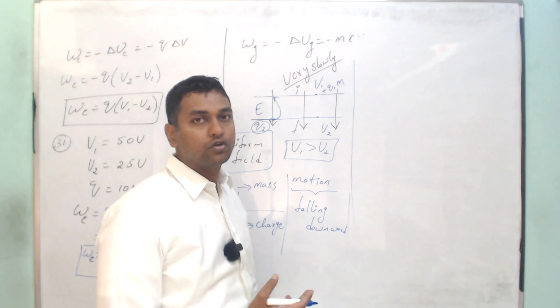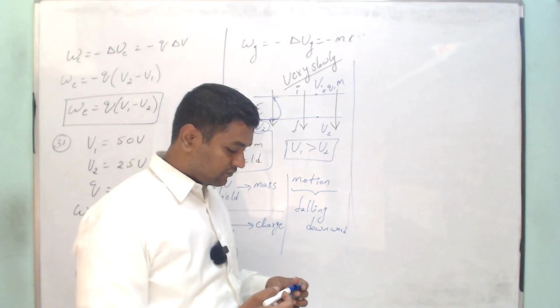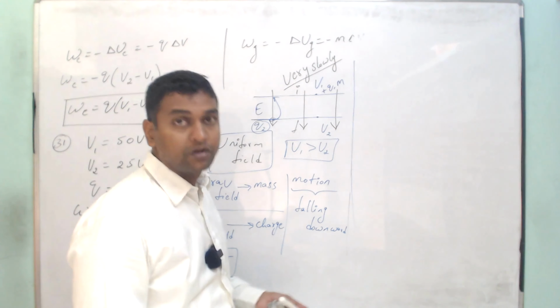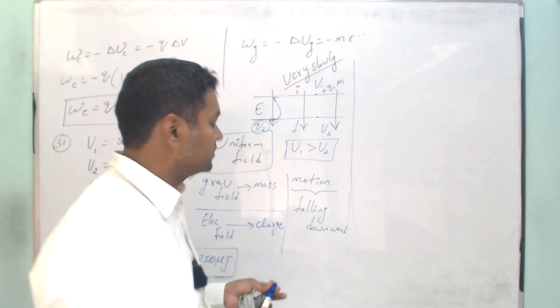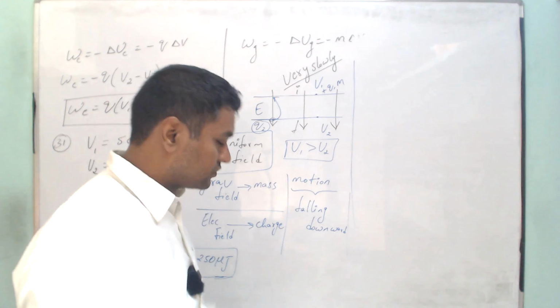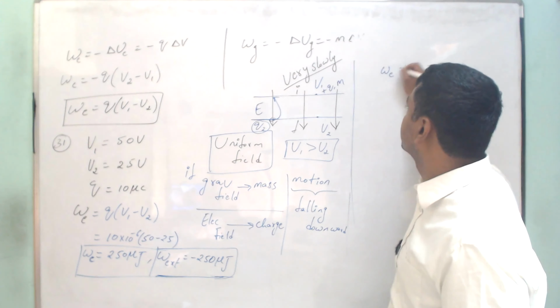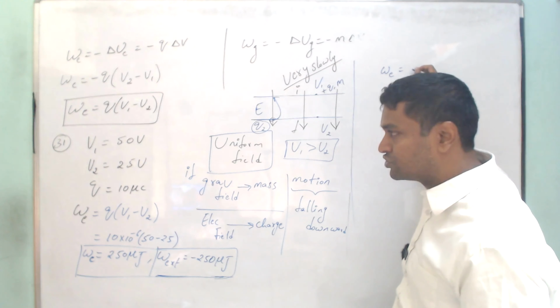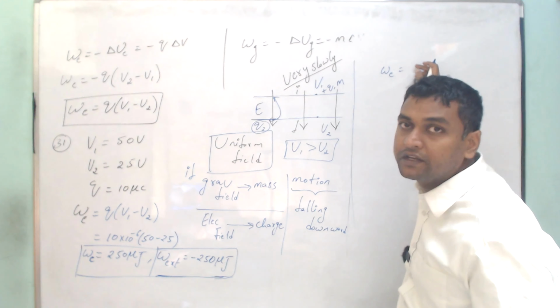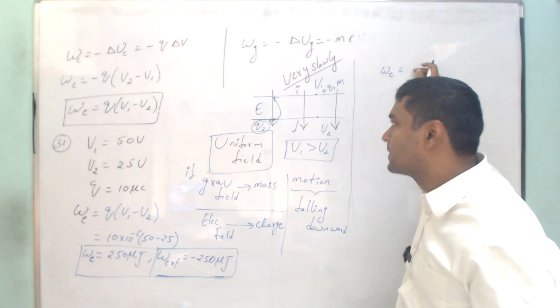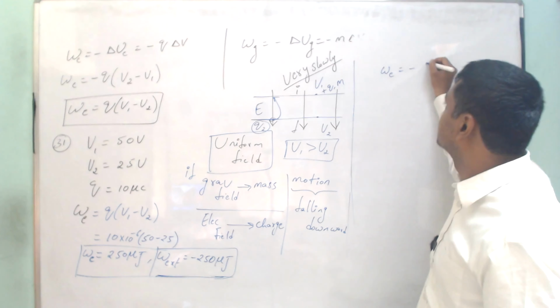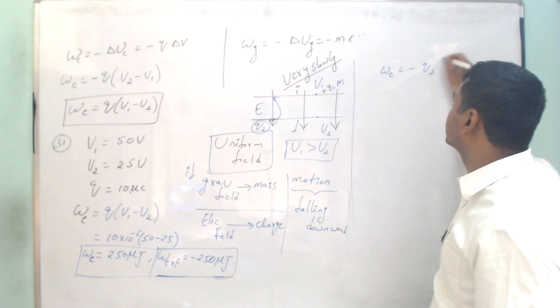It will not go automatically. A particle will fall automatically, but will not rise automatically. So from low potential to high potential, when I go, I should know that the work done by the electrostatic force is automatically negative. And I will say it is minus Q2 times low potential minus high potential, which is V2 minus V1.